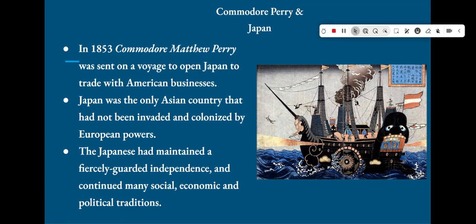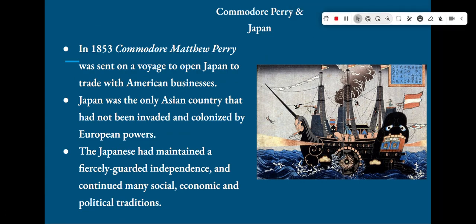That brings us to Commodore Perry and Japan. In 1853, Commodore Matthew Perry was sent on a voyage to open Japan to trade with American businesses. At the time, Japan was the only Asian country that had not been invaded and not been colonized by European powers. The Japanese had maintained a fiercely guarded independence and continued many social, economic, and political traditions.